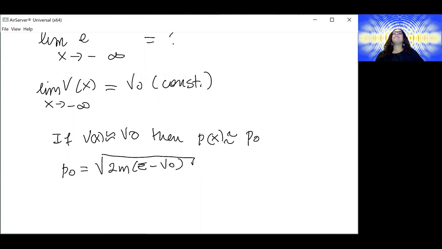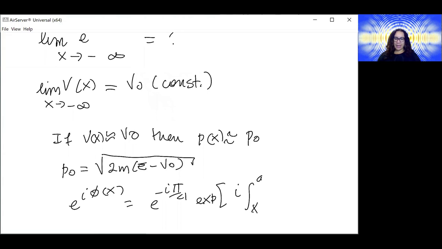note that you have an i. So you can write your e^{iφ(x)} as e^{-iπ/4} times the exponential of i times the integral from x to a of p(x') dx' over h bar.